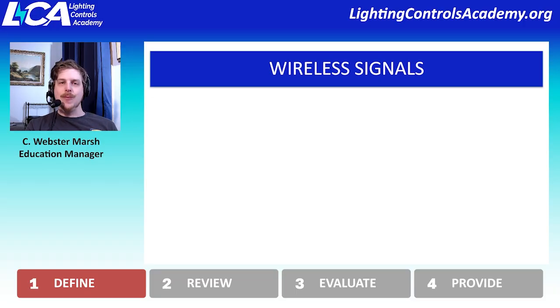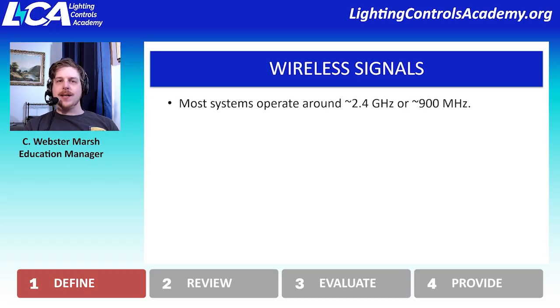When we're talking about wireless, we're oftentimes talking about a radio frequency that's either going to be 2.4 gigahertz or 900 megahertz.